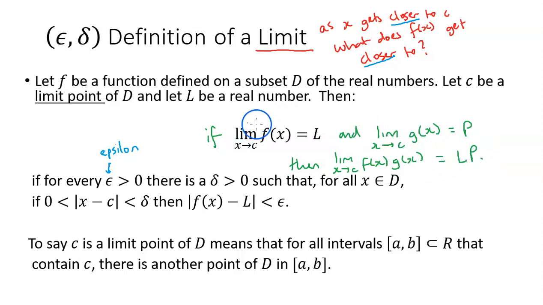Things like that. This definition can be used to prove the limit laws. So I encourage you to do that as an optional exercise. It's not part of further maths.